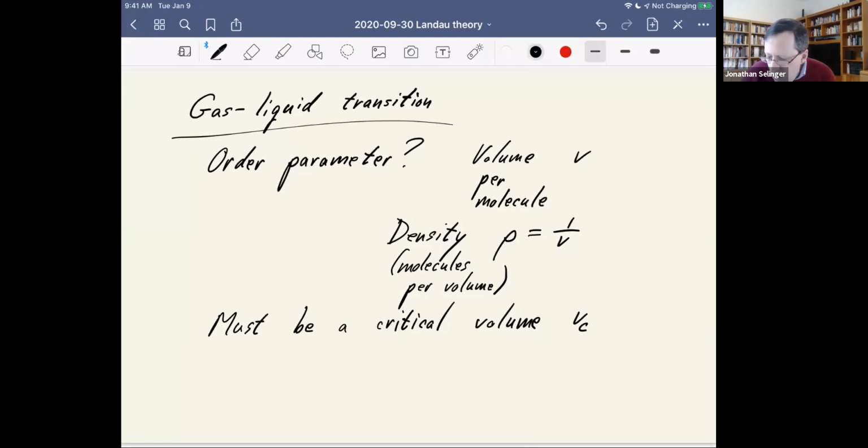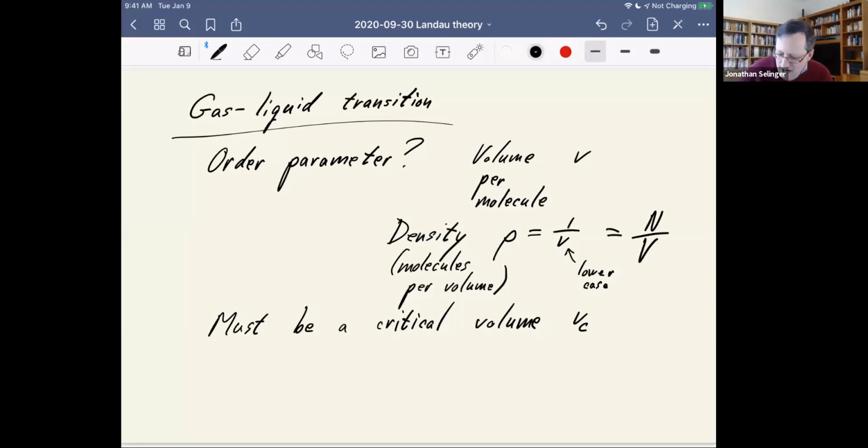Oh, this is meant to be a lowercase v. That's my lowercase v. So that is the same as the number of molecules divided by the uppercase V. I realize it's hard for anyone else to interpret my handwriting for the difference between uppercase and lowercase v. Okay, there must be some critical volume, a lowercase v critical.